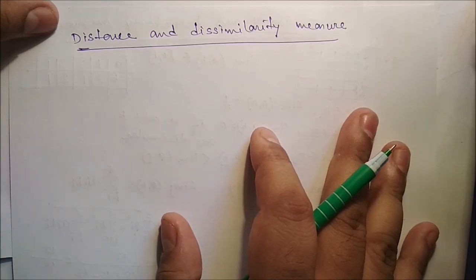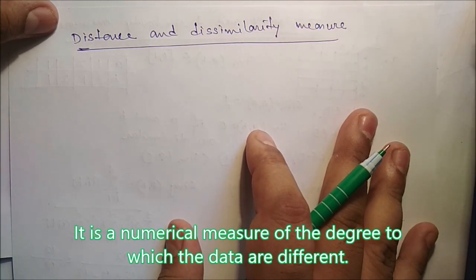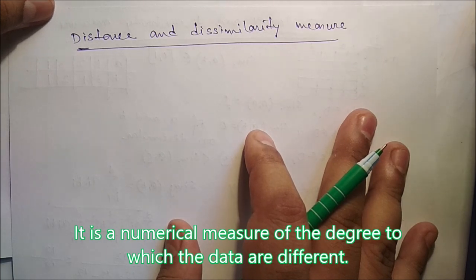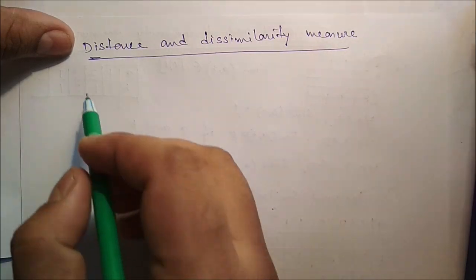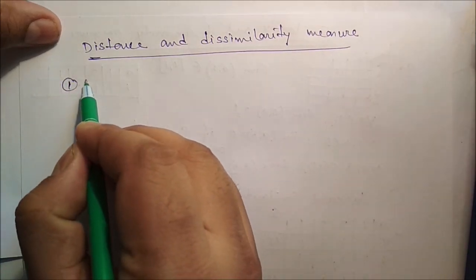Distance and dissimilarity measure: it is a numerical measure of the degree to which the data are different. Two popular distances are there. First one is Euclidean distance.